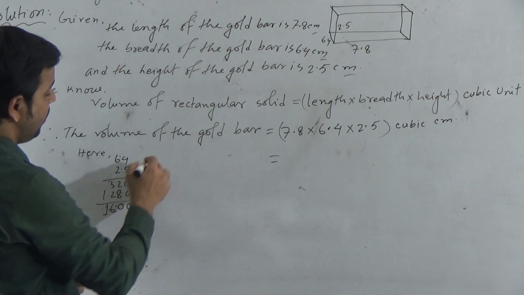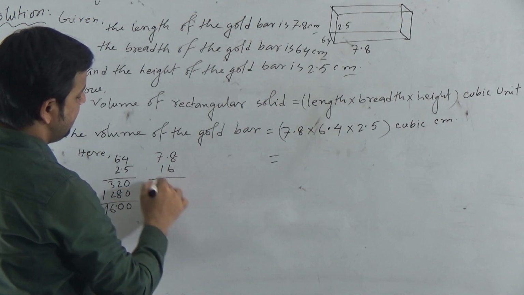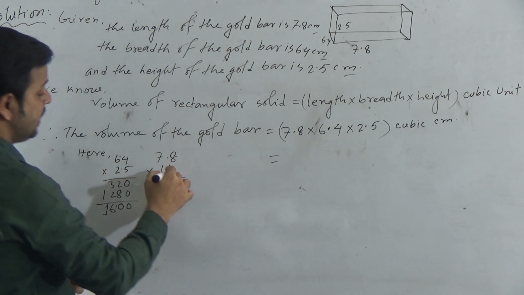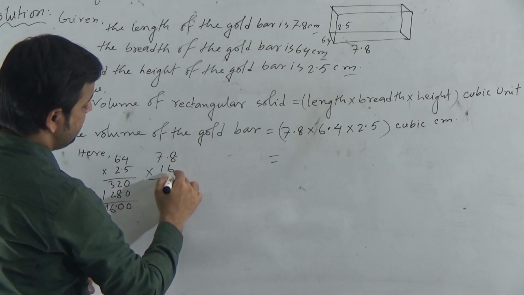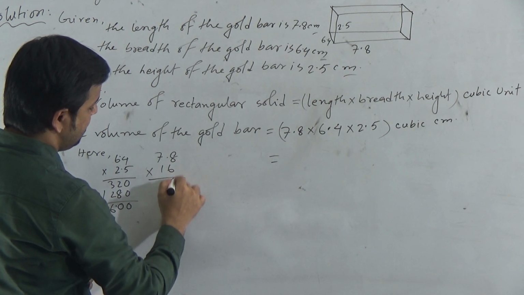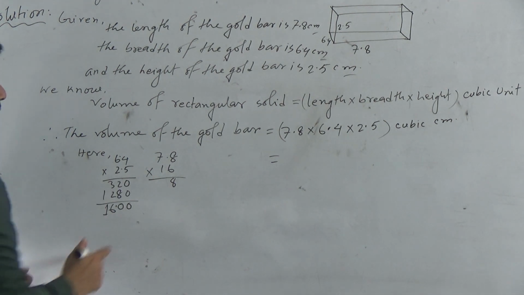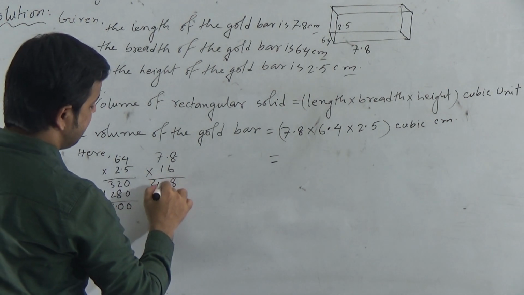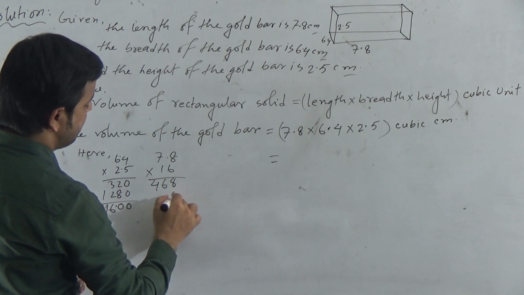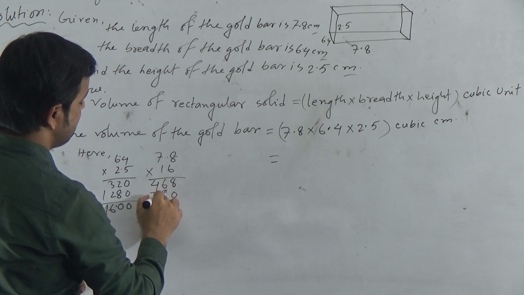So 16. Now we have to multiply 7.8 by 16. Do the multiplication. 6 8s are 48. So we can write 8 here. 6 7s are 42 and 4 is 46. Now 1 digit done. 8 ones are 8, 7 ones are 7.